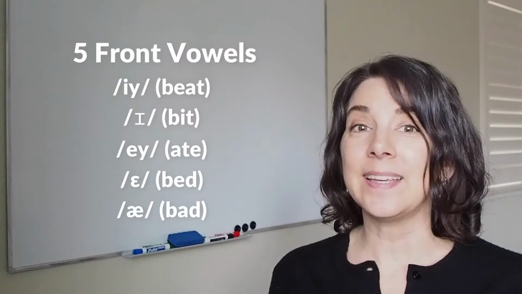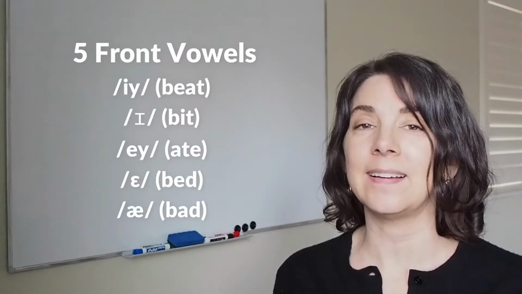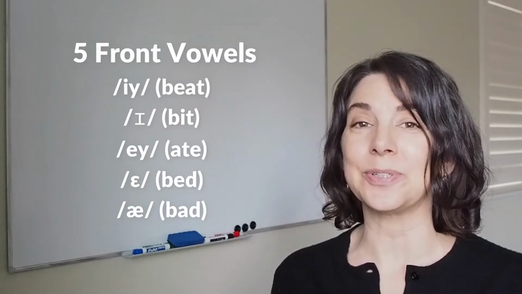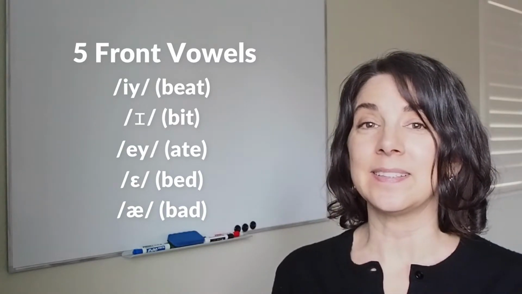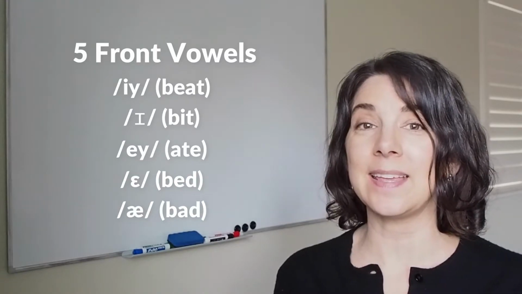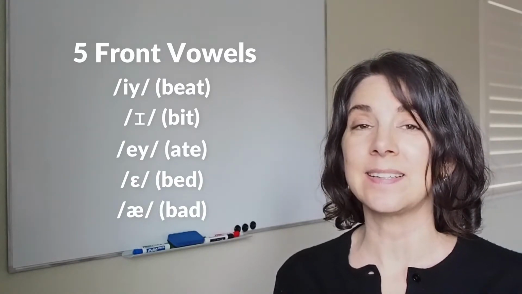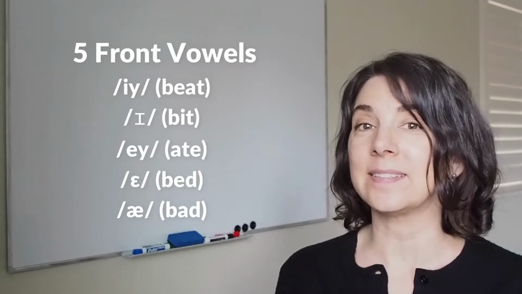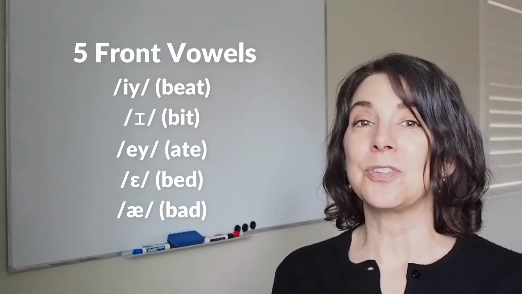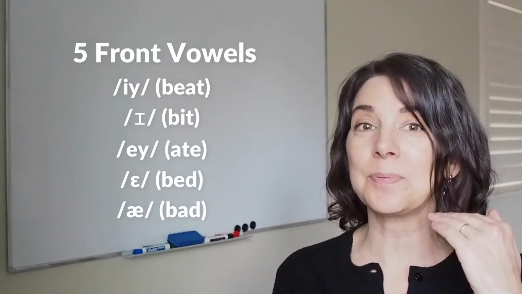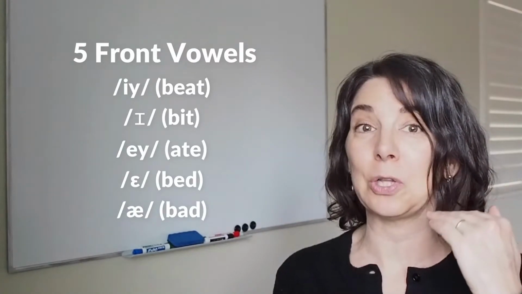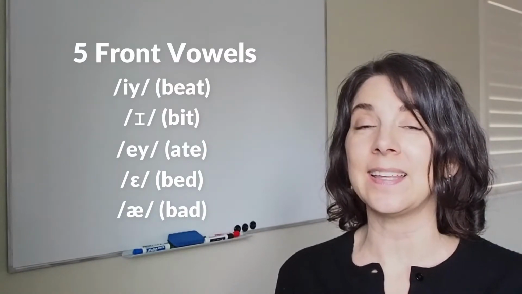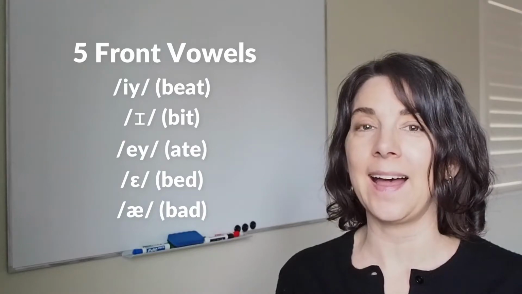The first one is in the word beat, then bit, ate, bed, and bad. So you can see how the jaw drops to make the vowel low. Again, if I go through those 5 vowels.